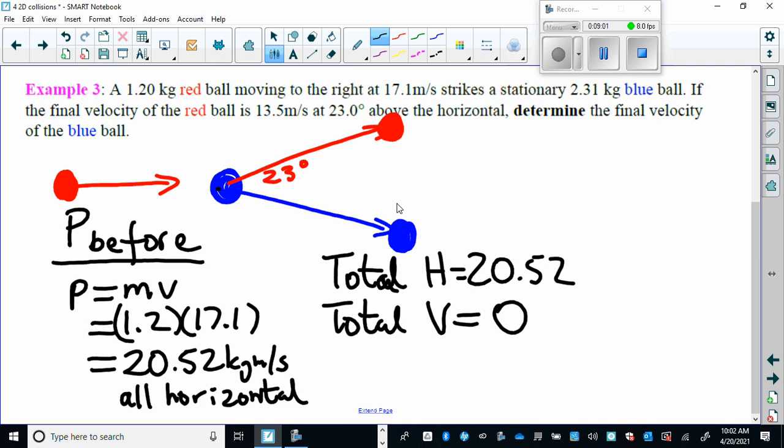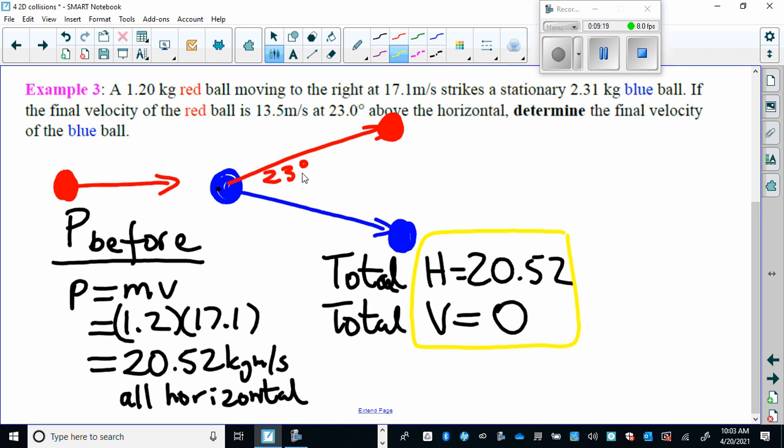Therefore, after the collision, you need to get these same numbers. You need to have a total horizontal component of 20.52 after the collision and a total vertical component of 0. Okay. How are we going to do that?